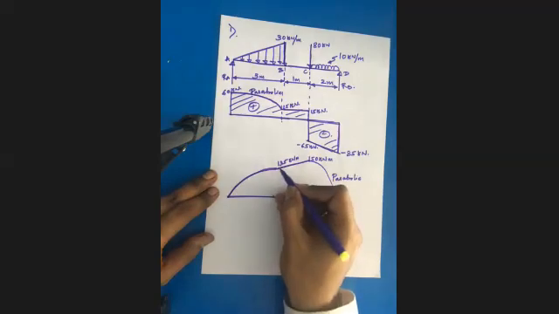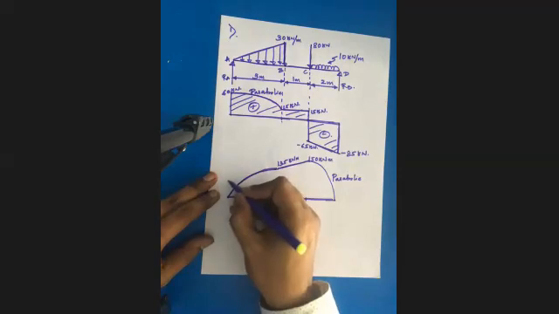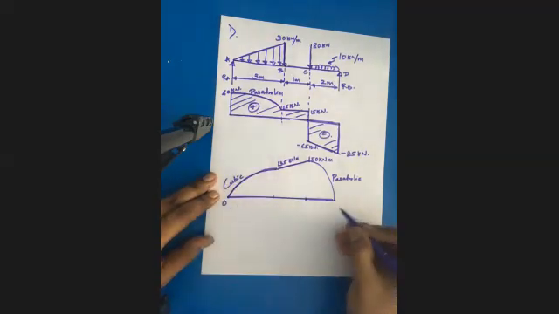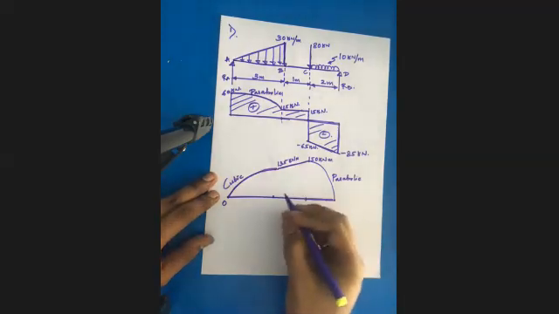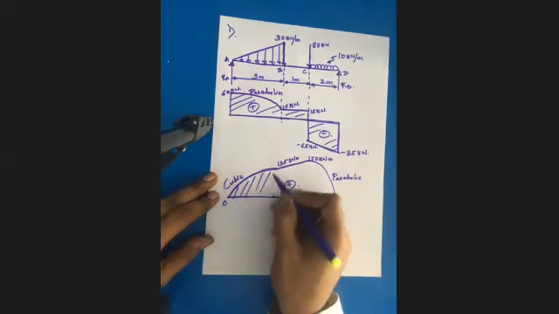The difference between parabolic and cubic is that the cubic will be having more slope compared to the parabolic variation. And here it will become 0, and this also is 0. So this whole thing is positive.